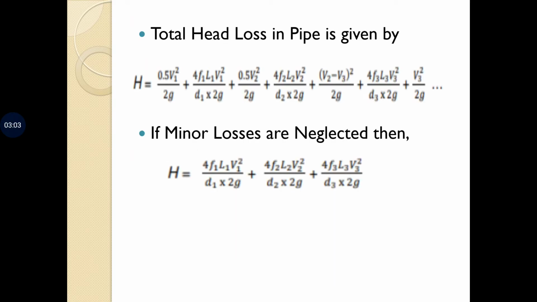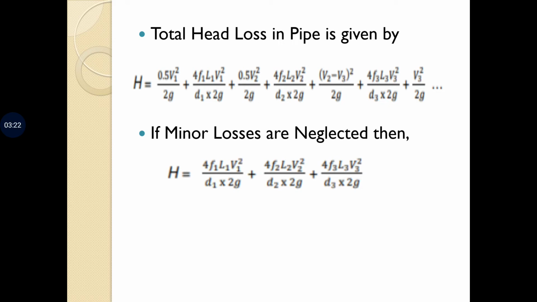The equation which can be written for these conditions is H = entry loss, 0.5 V1² / 2g. Next is the frictional loss, f1 L1 V1² / 2g D1. Next is sudden contraction. As the Cc value is not given, the contraction loss can be written as 0.5 V2² / 2g.